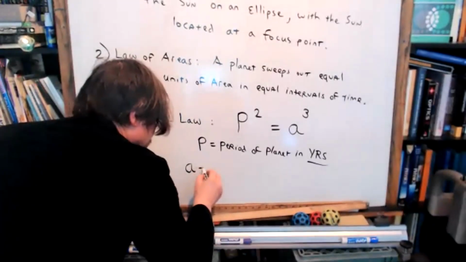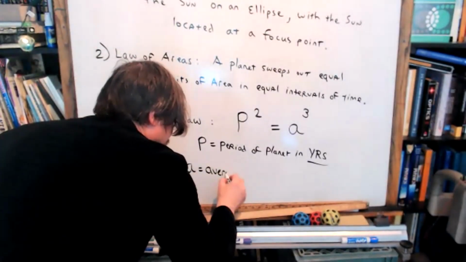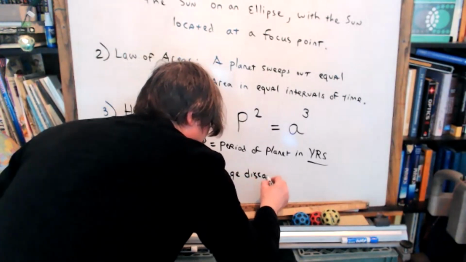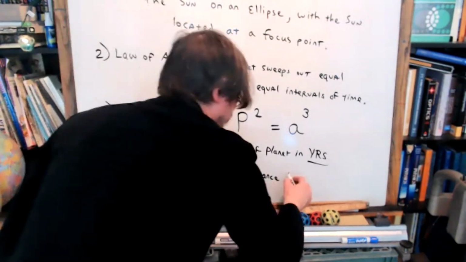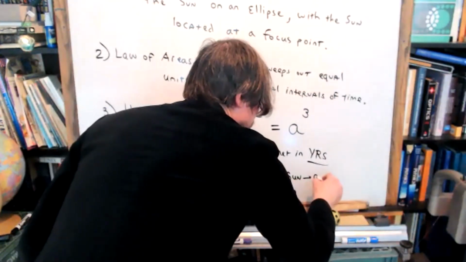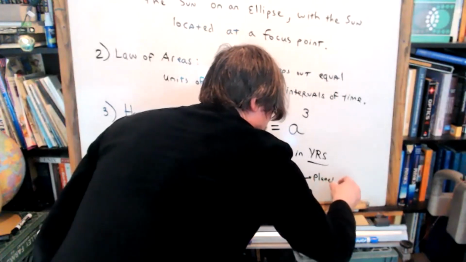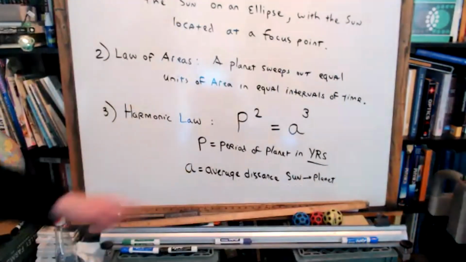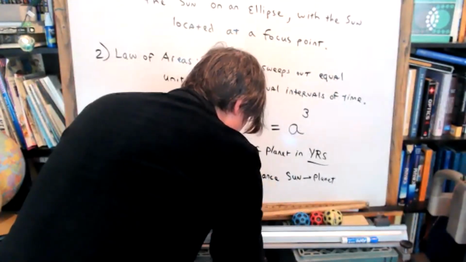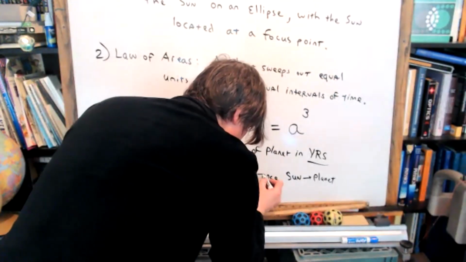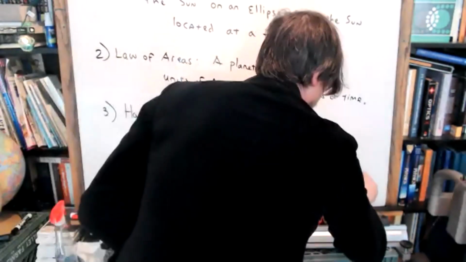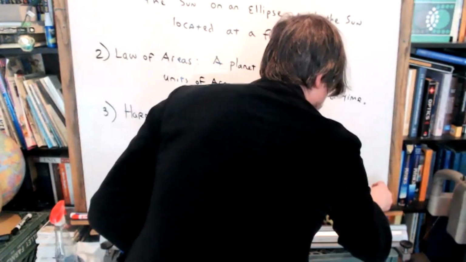A is the average distance, I'm running out of room here, so I'm just going to do sun to planet. Sorry, my handwriting is bad when I'm at the bottom of the board here. The average distance from sun to planet, and that's in astronomical units.